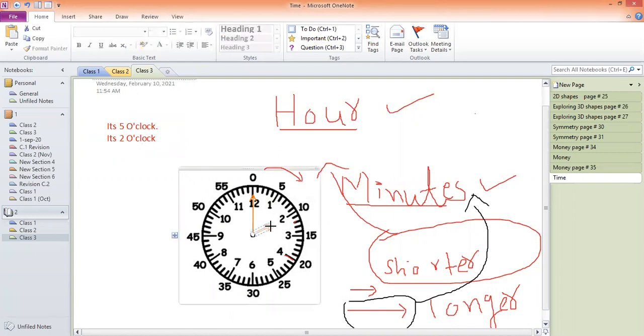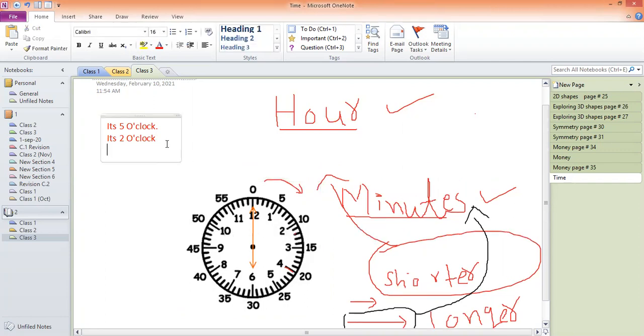If I use this hand up to 6, you can see, guys, this is shorter, this is longer. Again, 0 minutes have passed and the hour hand is at 6. You will say, sir, it's 6 o'clock.